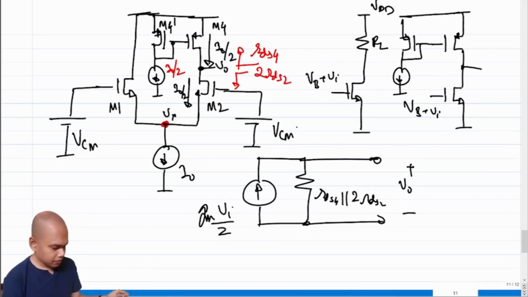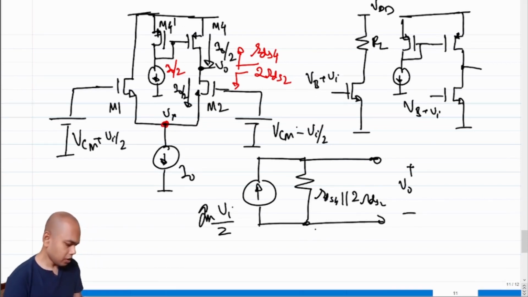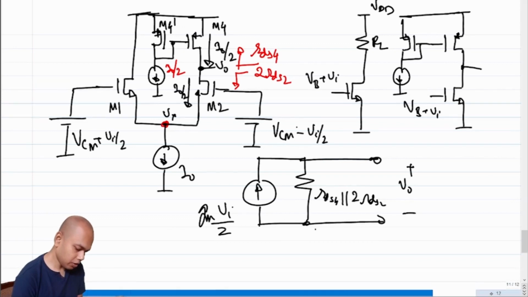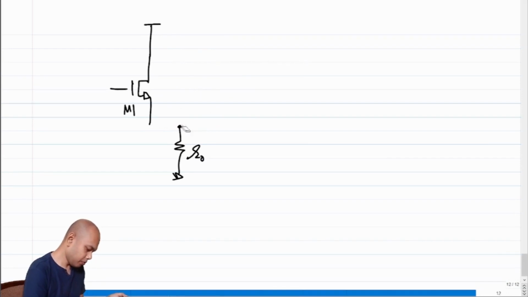And on top of that, you'll probably have Vi by 2, minus Vi by 2, plus Vi by 2. So if we do this here, let me make more space so that we'll have more wiggle room to draw.